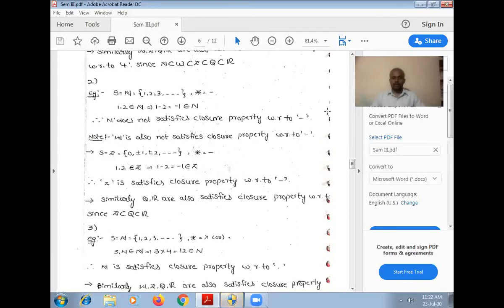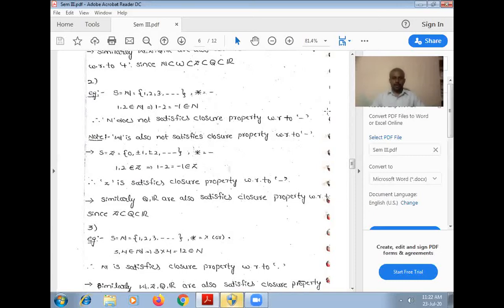So Z satisfies closure property with respect to minus. Z belongs to Q and Q belongs to R, so that's why Q and R also satisfy closure property with respect to minus.